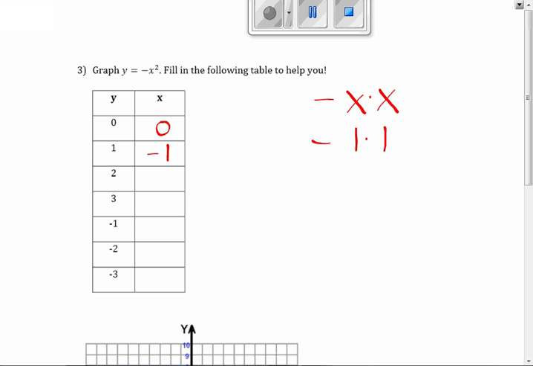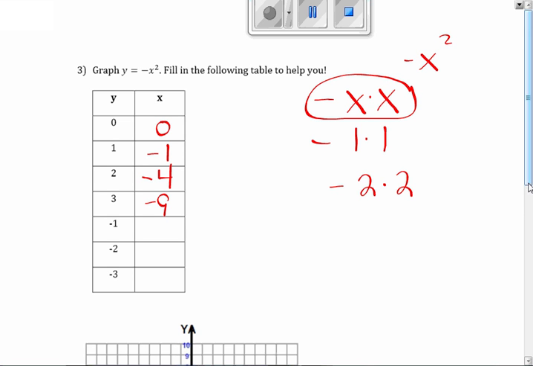How about the 2's? It's going to be negative 2 times 2. Negative 4. That negative is changing the signs, isn't it? What about 3? You're right, Nick, I think. Negative what? 9. Well, then we had problems when we got to the negative 1. And that's why I wrote it this way. That is a negative x squared.